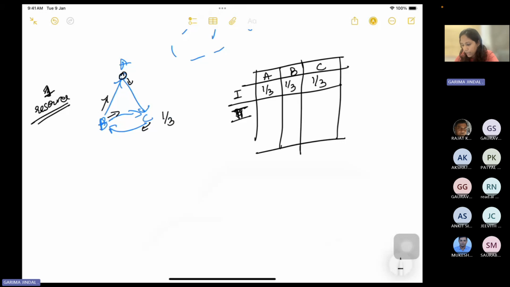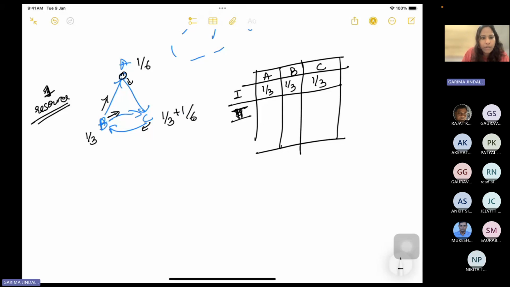Again, C will distribute its resources to B, that is 1/3. Now node B is distributing its resource to two other nodes, so it will equally divide that resource. A will get 1/6 and C will also get 1/6.